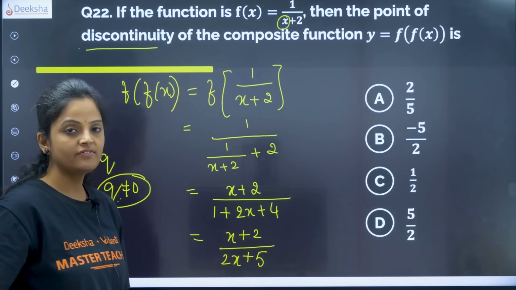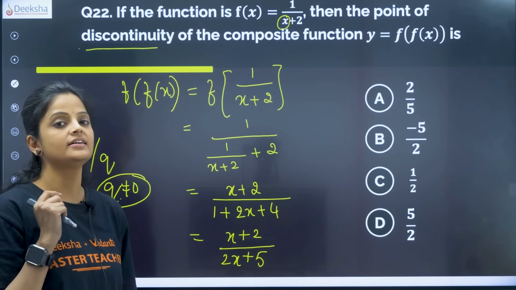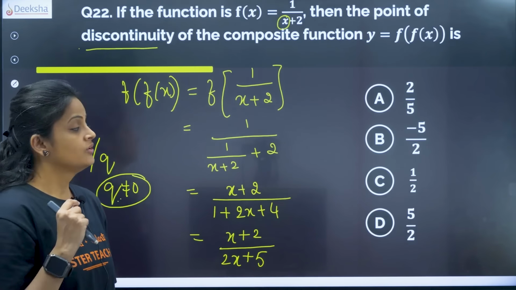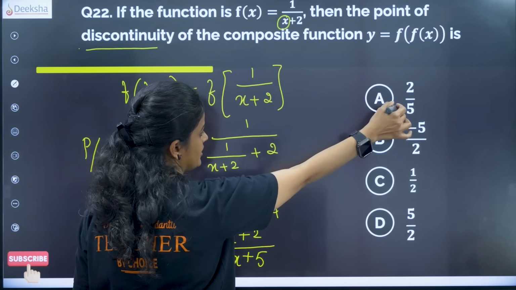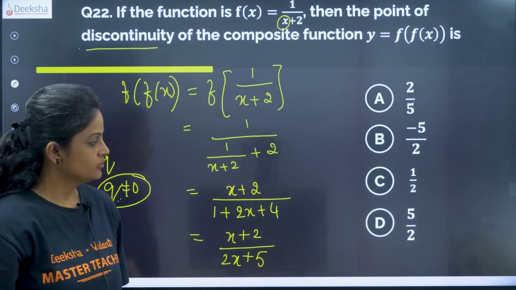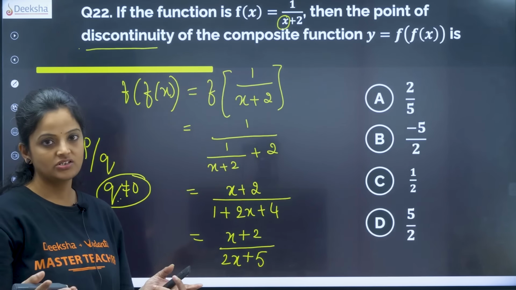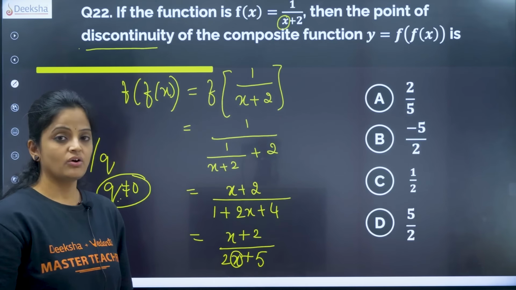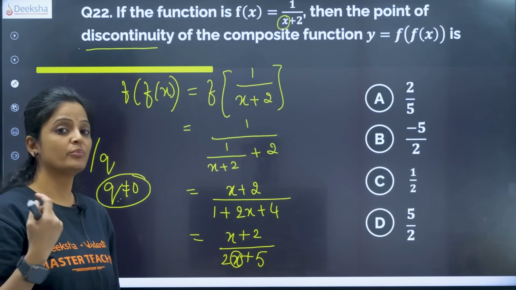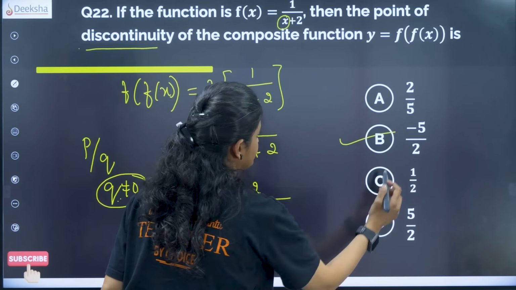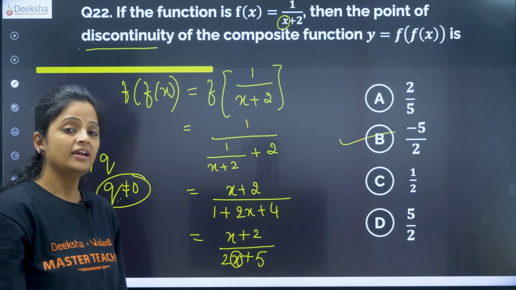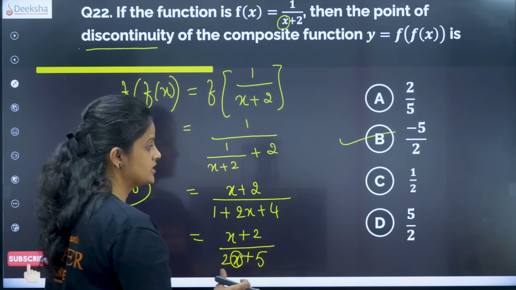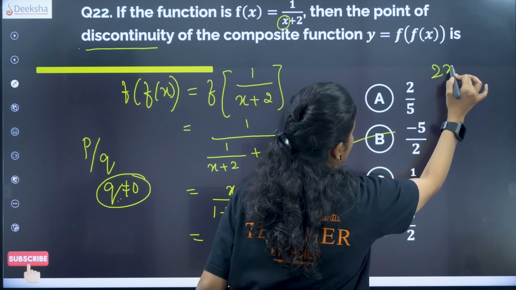Now see what is the value of x which is making the denominator 0. What is the value of x? Is it 2 by 5, minus 5 by 2, 1 by 2 or 5 by 2? That's all you have to do. What I shouldn't give here, because the denominator will be 0 if I put that value. That will be option B. Or, if that is confusing, just equate that to 0.